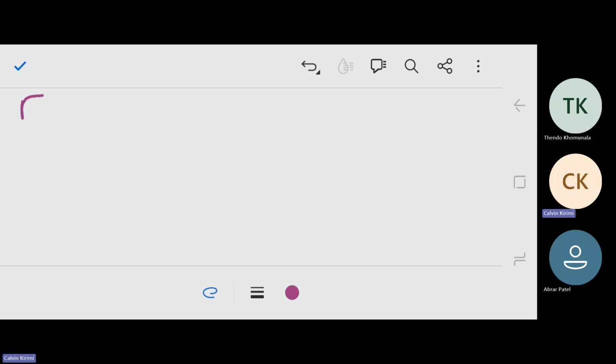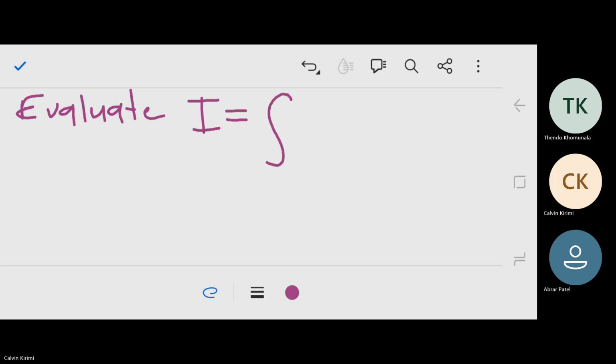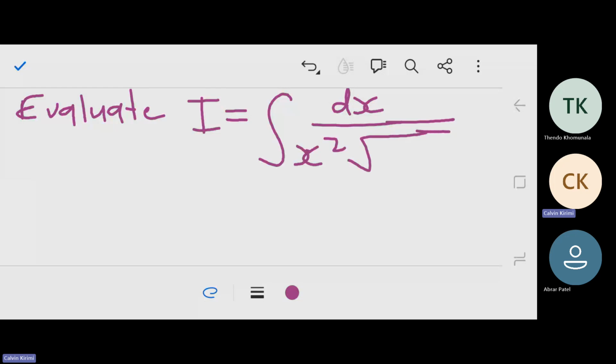The question is telling us to evaluate the integral I equals the integral of dx over x squared root of x squared plus 4. Because this is what we are given.